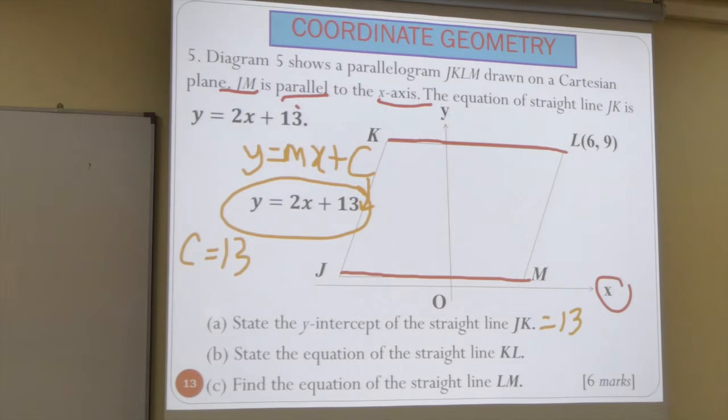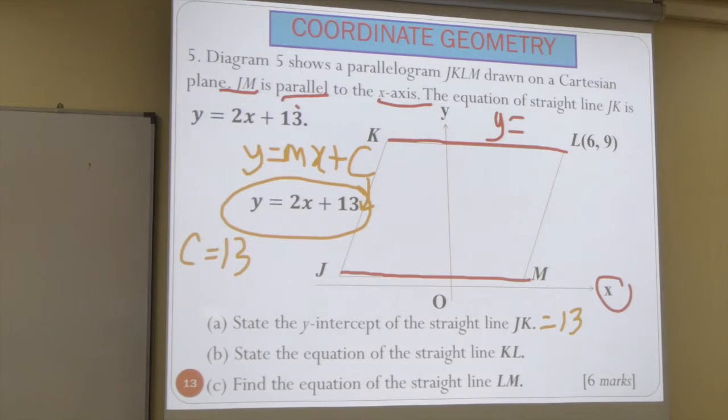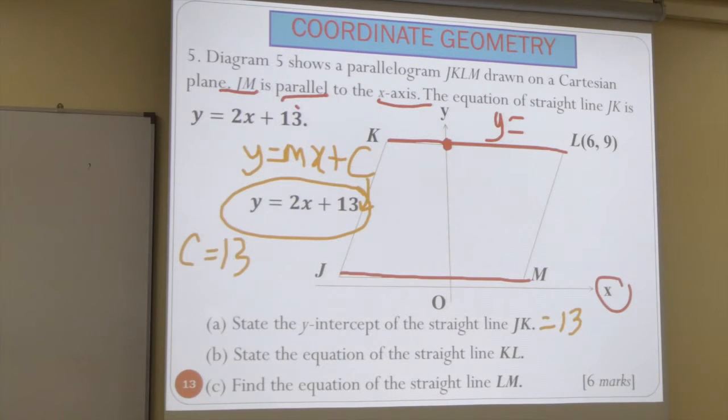parallelogram. Got it? So for horizontal lines, all equations will have the form y equals a certain number, known as mx plus c. And that number belongs to the intersection here, which is the y-intercept. And what do you think is this point here?